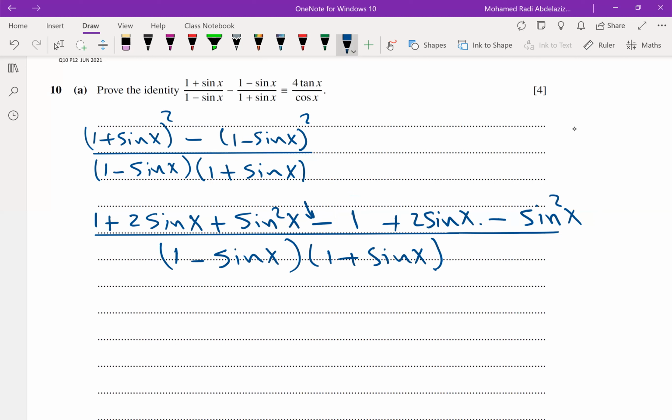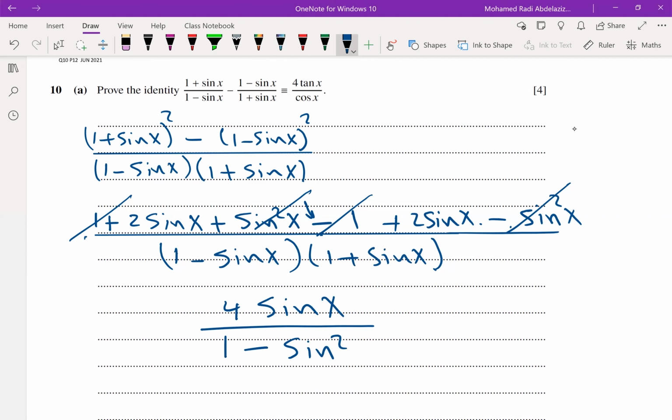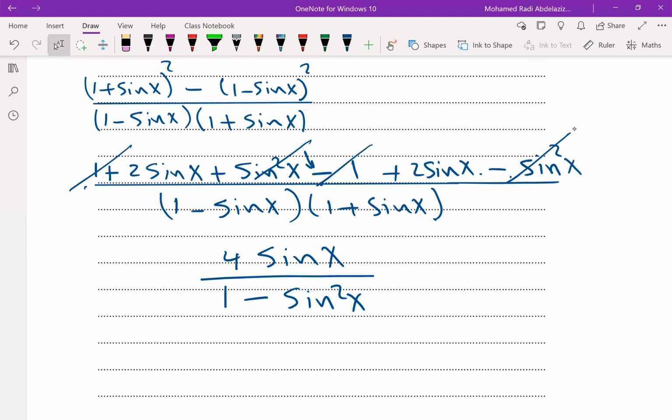Simplify. 1 minus 1 cancel. Sine squared, positive sine squared cancel. It will be 4 sine x divided by 1 minus sine squared x after expanding.